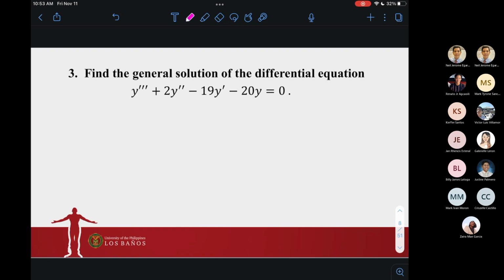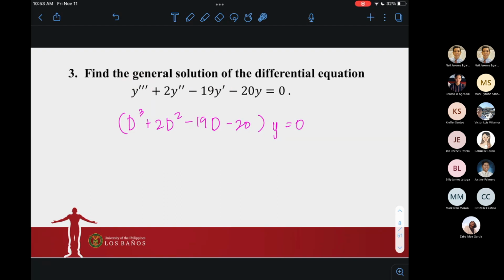For instance, number 3, we have y triple prime plus 2y double prime minus 19y prime minus 20y. You can write this as (D cubed plus 2D squared minus 19D minus 20) applied to y equals 0. Right? Because the derivatives are just the powers of D. Third derivative, so you have the third power of D. Second derivative, you have the second power of D. First derivative, you have D, and so on.